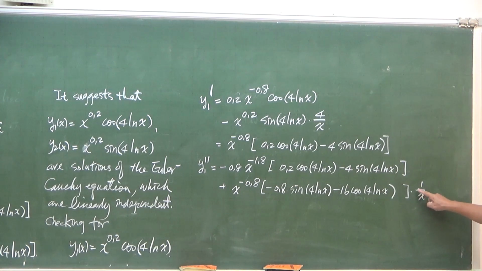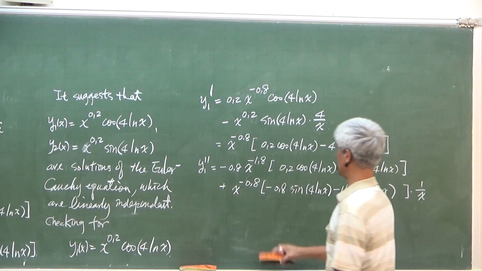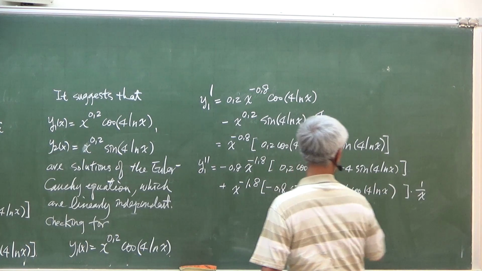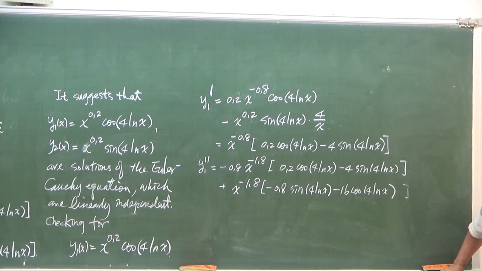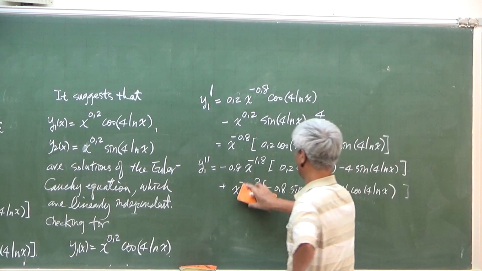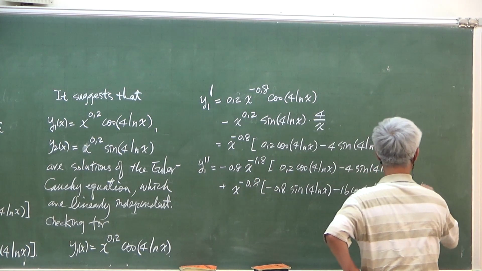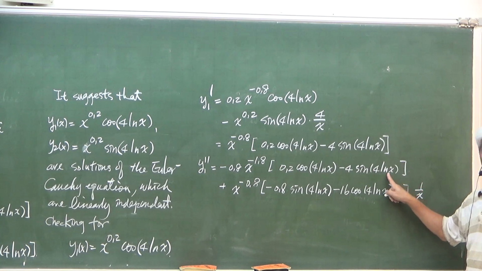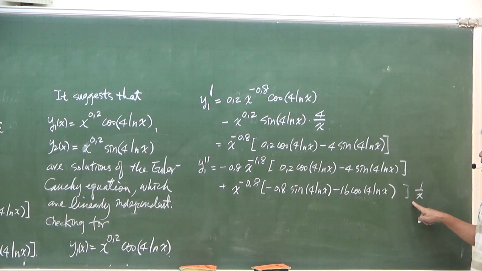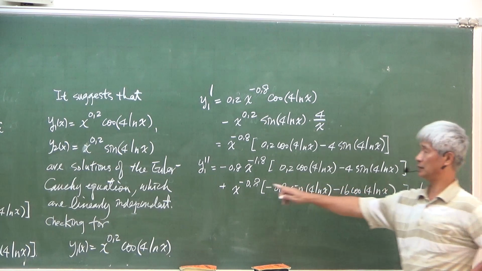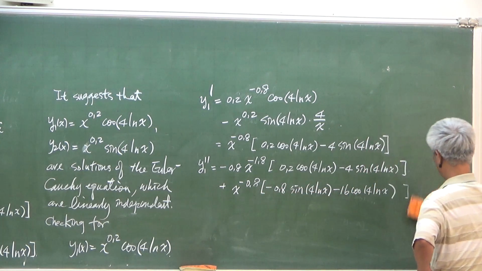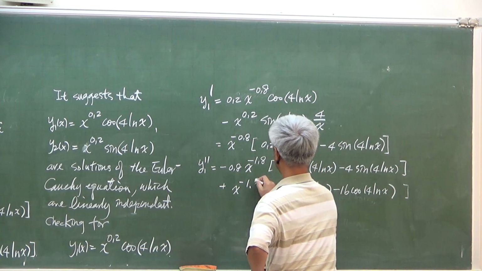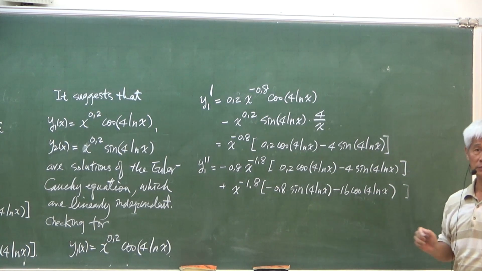Because this is 1 over x, you can absorb this factor into here, from the derivative of the natural logarithm. Is that okay for you?